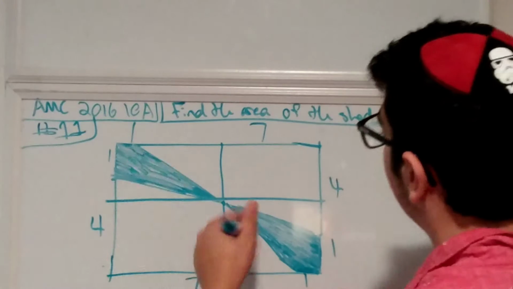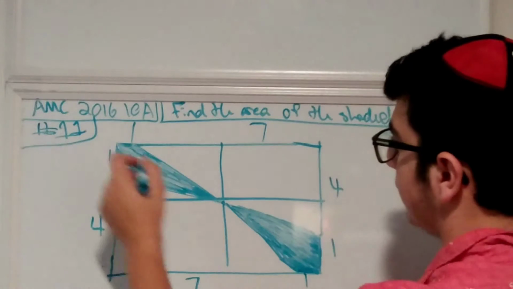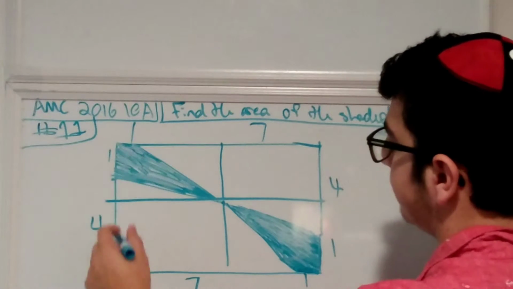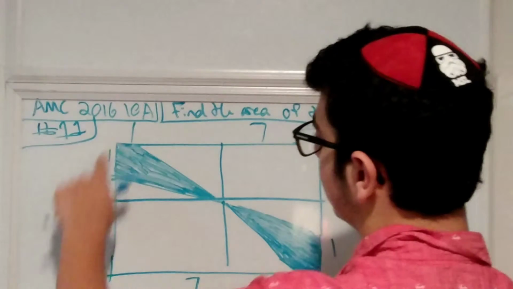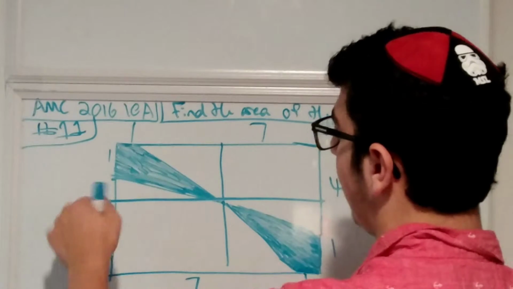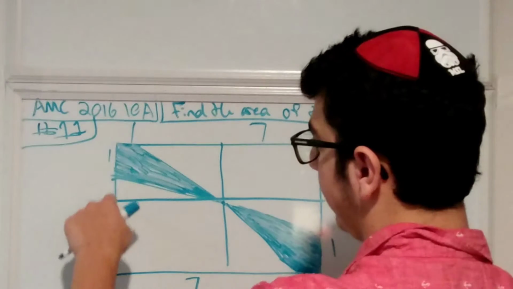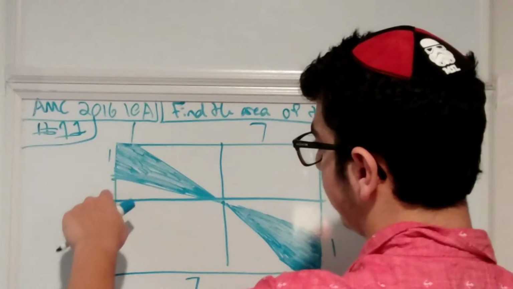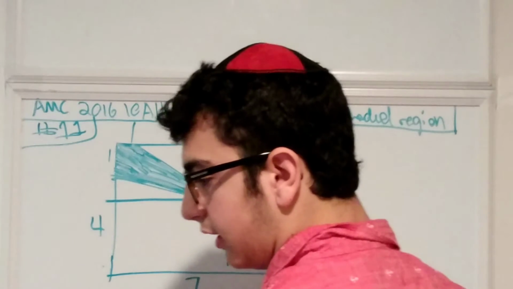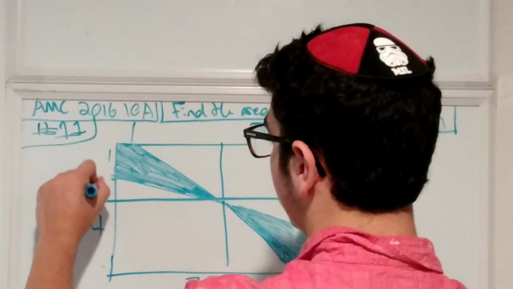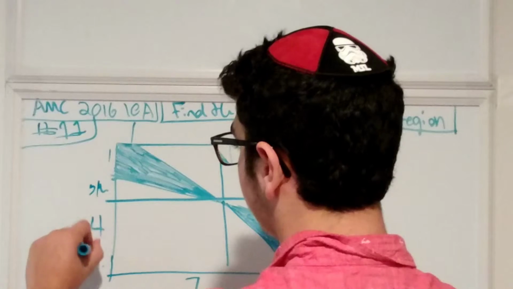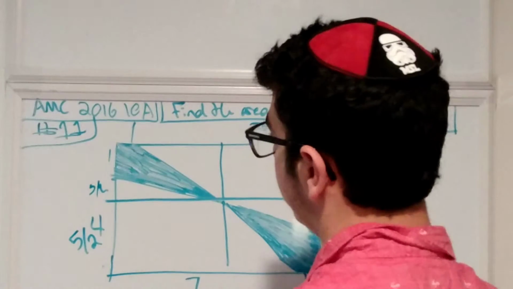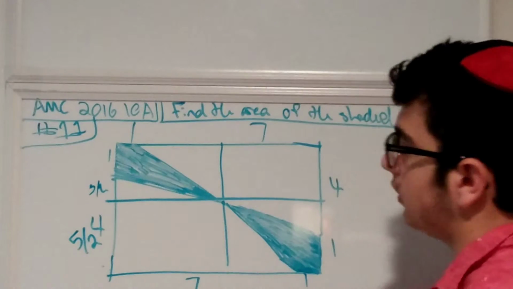So there are a few ways of looking at it from here. One, I could just mathematically, if this total length is 5, I could say, well, this length is going to be 3 over 2, and this length is going to be 5 over 2, or 2.5 and 1.5.